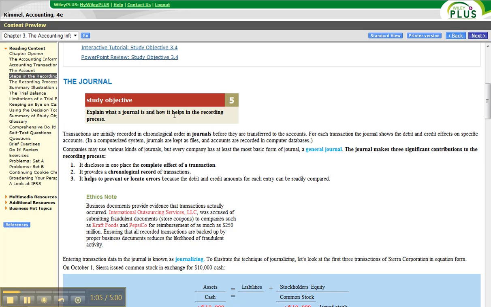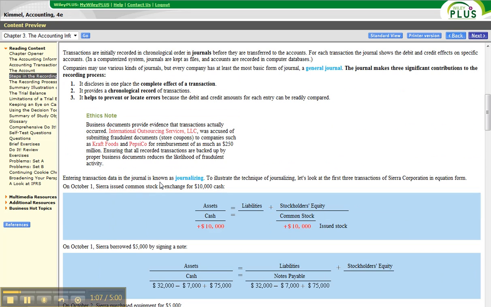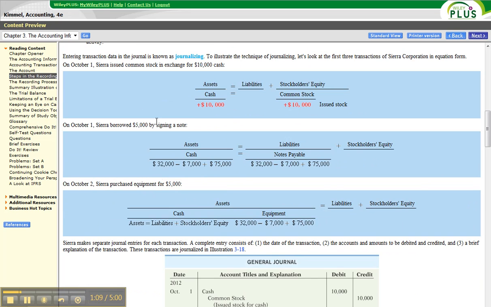So a journal, basically what I just said, you would have situations like this. Here's some of those transactions that we saw earlier in the chapter, when issuing common stock in exchange for cash, borrowing $5,000 by signing a note, buying equipment for $5,000. We saw what the effect on the accounting equation was in those situations.